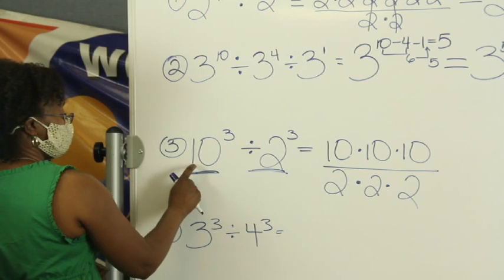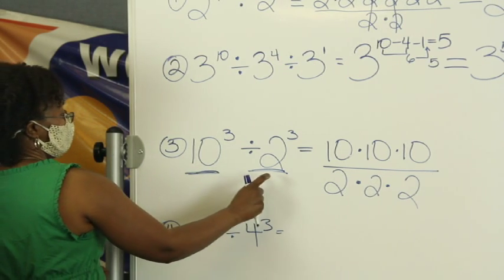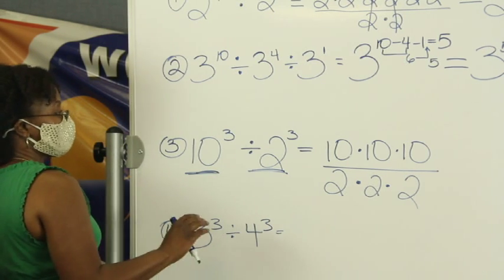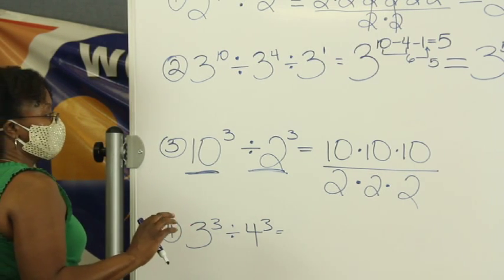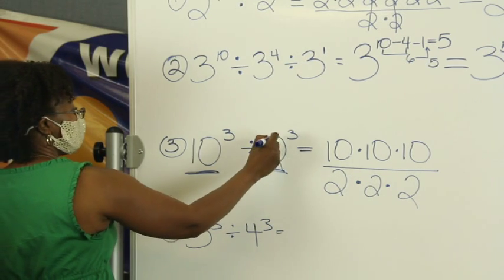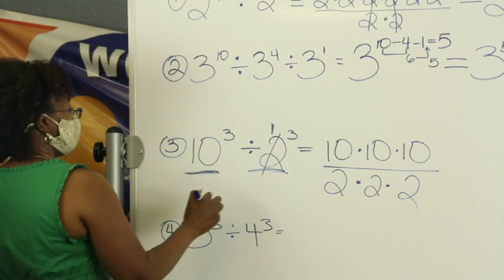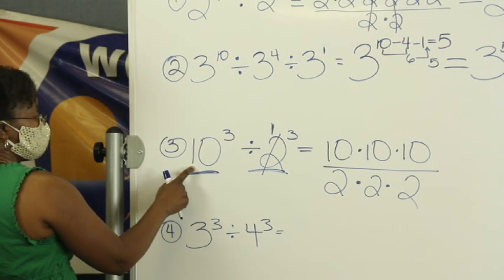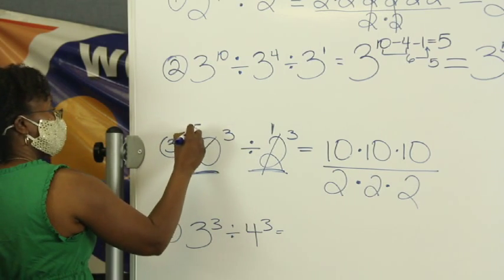So what factors are the same between 10 and 2? Is there a factor? I think they both go into 2, right? So this one would go into 2 how many times? 1 time. And how many times will 2 go into 10? 5 times.